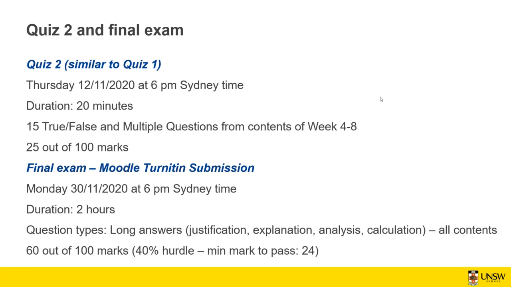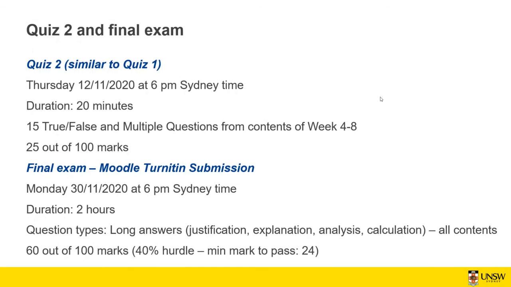We have 15 true and false and multiple choice questions from the contents of weeks 4 to 8. And the weight is going to be 25 marks out of the 100 marks for quiz 2. The final exam will be a Moodle Turnitin submission, and it will be assessed for plagiarism.